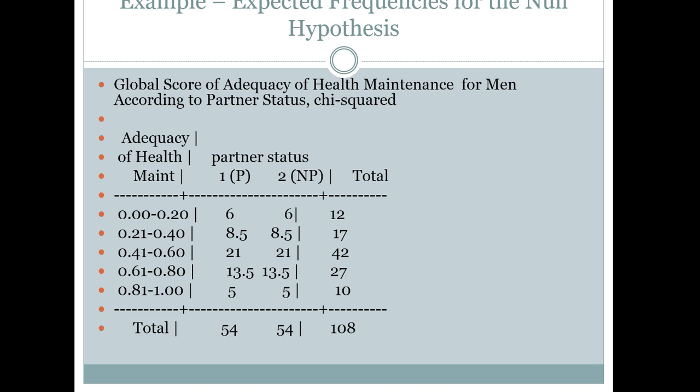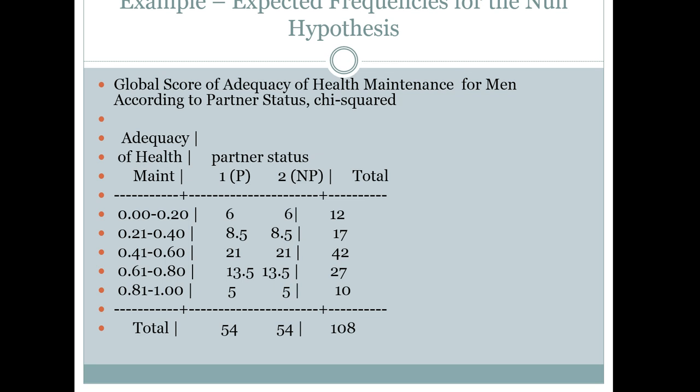frequencies, and your expected frequencies when there's null, because under the null hypothesis, there is no difference in the observed and expected frequency. That is the statement in the null hypothesis for the chi-squared test. So basically, you just divide the total. For the first quartile, if you have a total of 12, then the partnered would be 6, the non-partnered would also be 6, total 12.